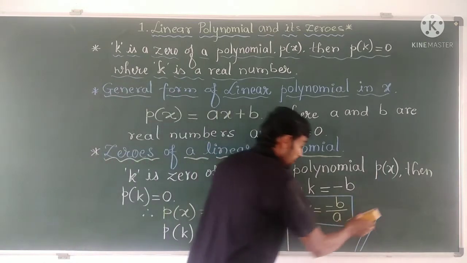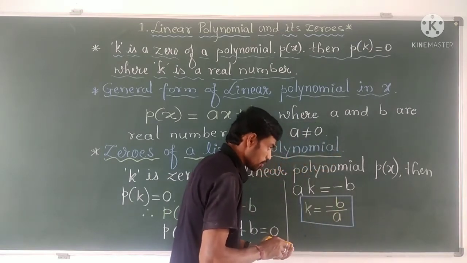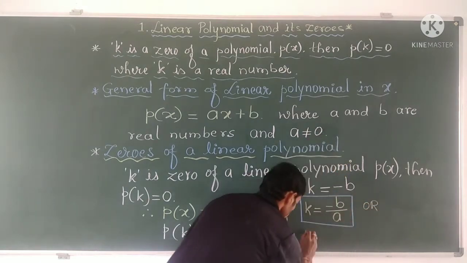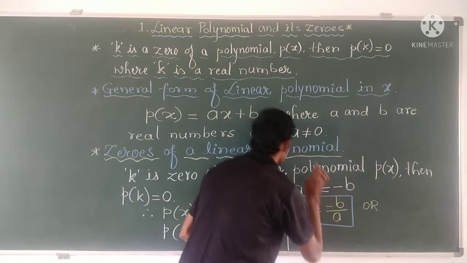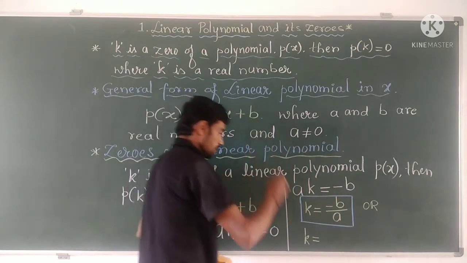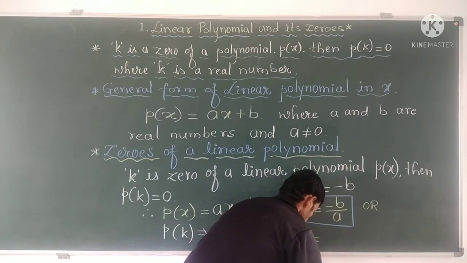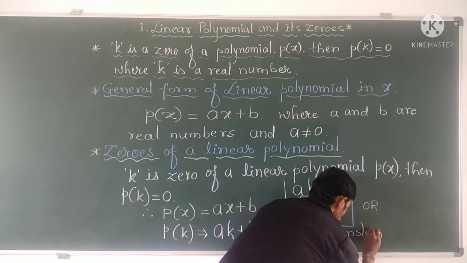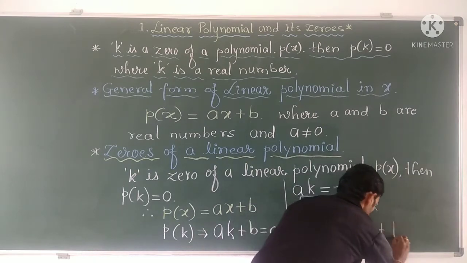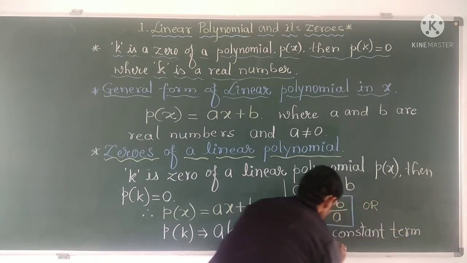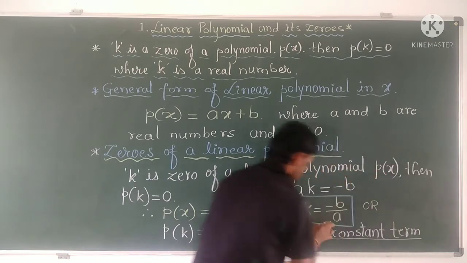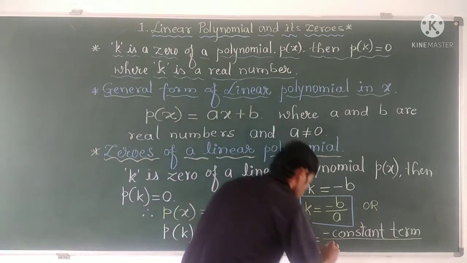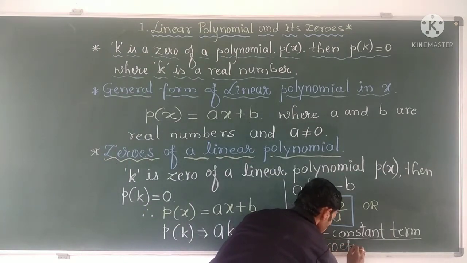That can also be written as k is equal to minus b, where b is the constant term, divided by a, where a is the coefficient of x. So k is equal to minus constant term divided by coefficient of x.